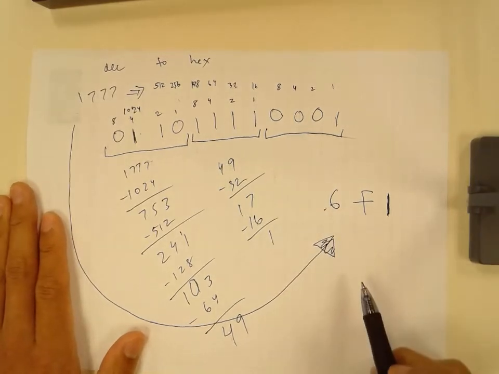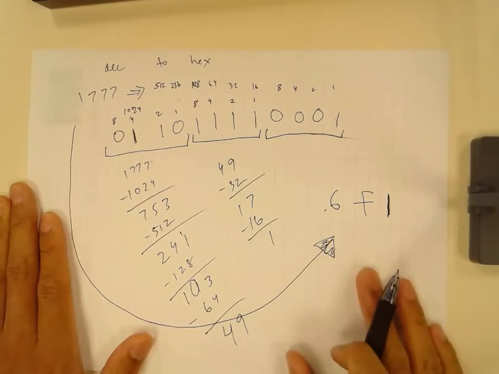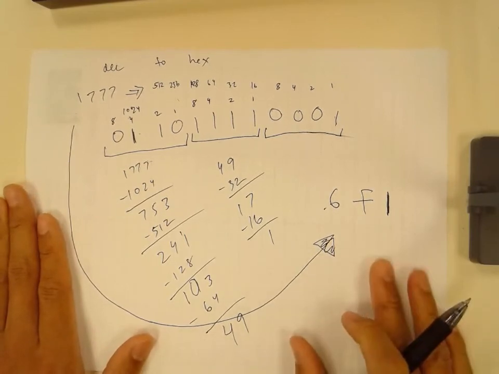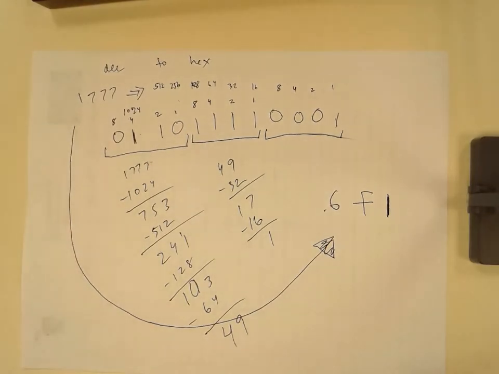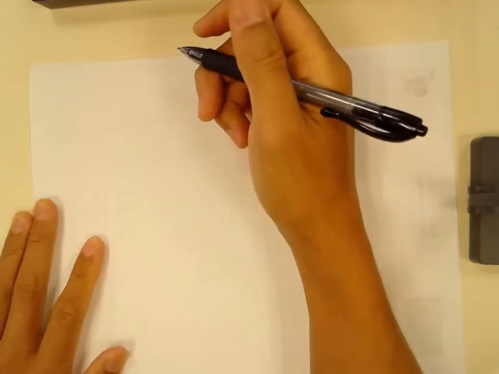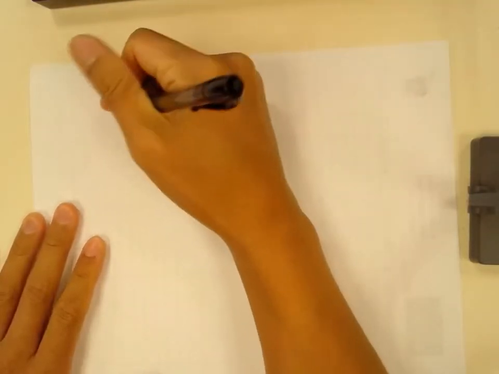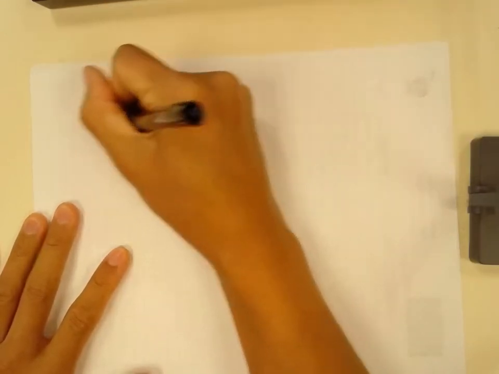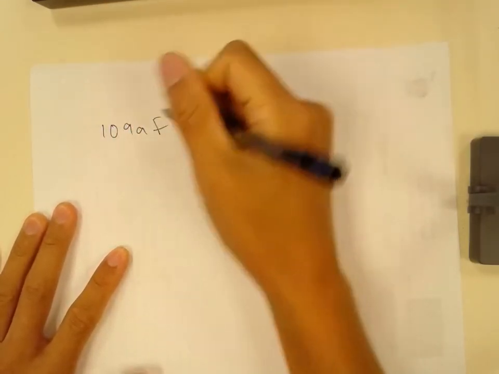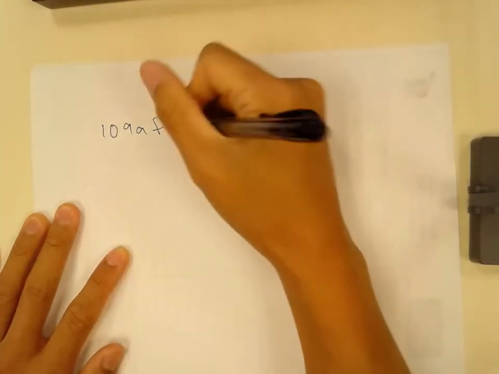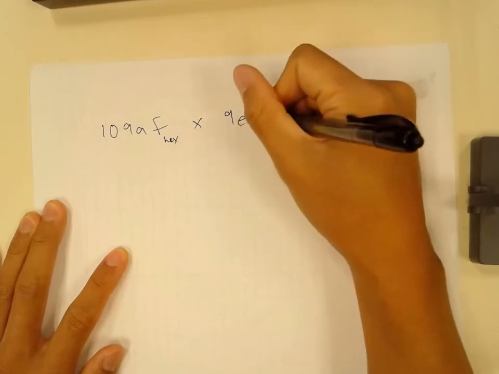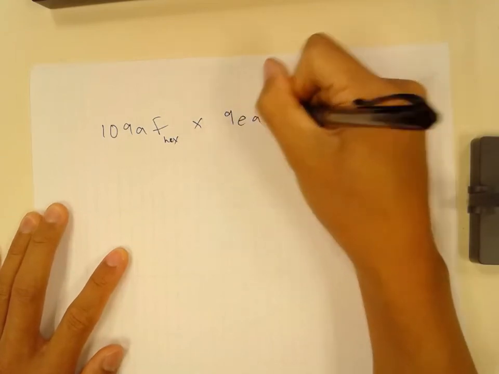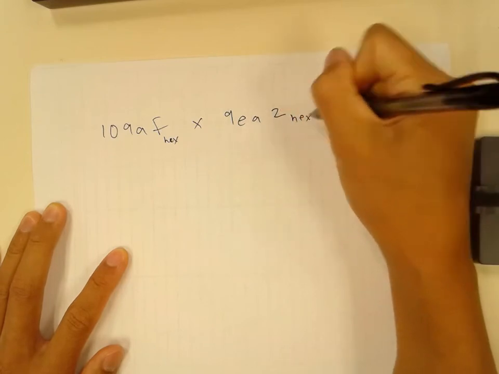Okay, so not easy, still time consuming, but easier than the method that we went over in the last video. And just one thing to keep in mind, there might be a question on the exam like hexadecimal multiplication, something like 109AF in hexadecimal multiplied by 9EA2 in hex, right?